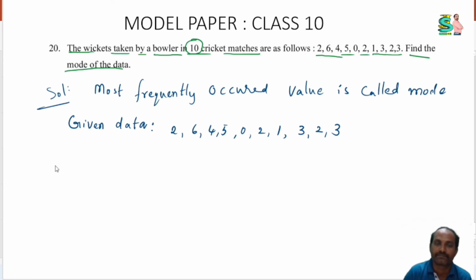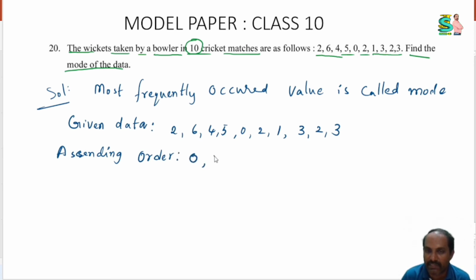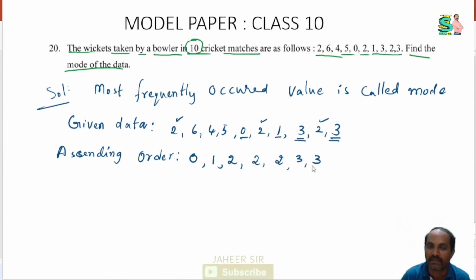Ascending order or descending order, it's your choice. So first 0 is there, 0, next 1, 0 1 completed, 2, three 2's are there, so 2 comma 2 comma 2. Next how many 3's are there? 2 3's are there, so 3 comma 3.